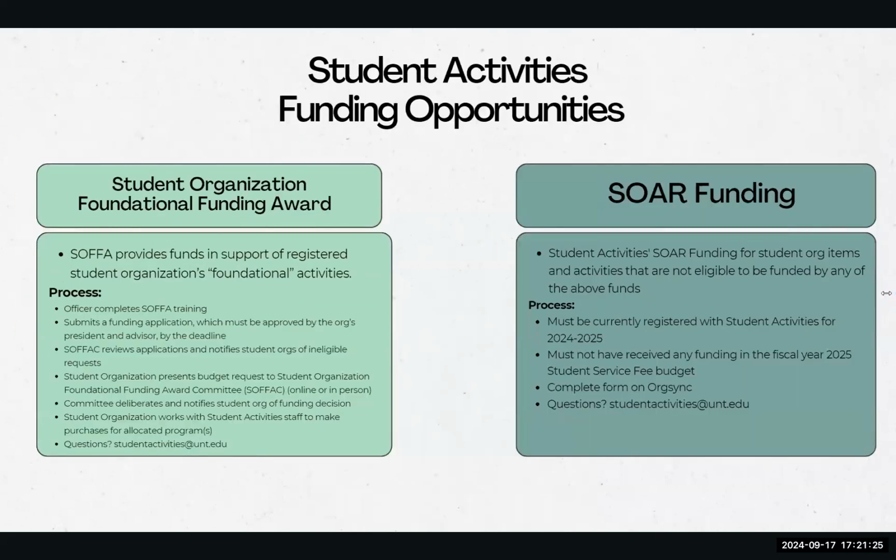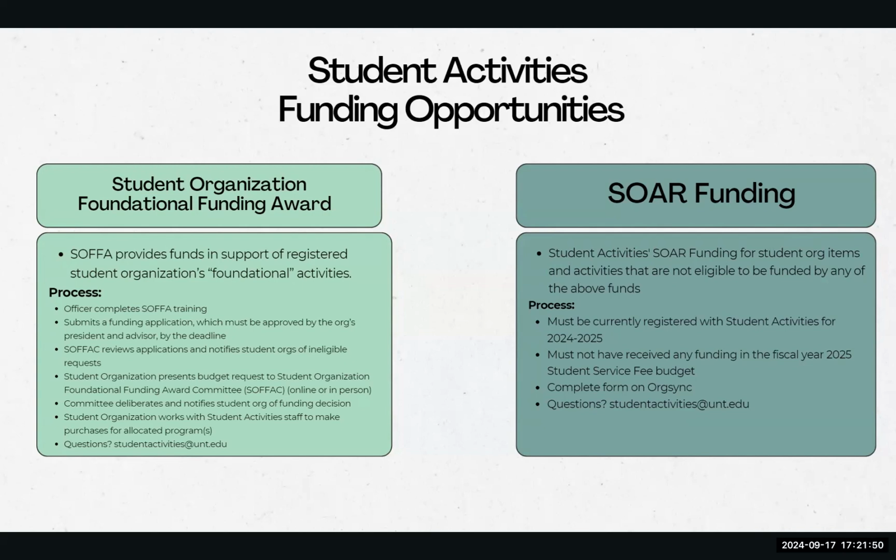The next thing is student activities funding opportunities. These are funding opportunities from our department directly. The Student Organization Foundation and Funding Award, or you might see it as SOFA. SOFA provides funds in support of registered student organizations' foundational activity. Foundational activity is an event that has been happening for at least about 3 years, that same event or an event similar to it.